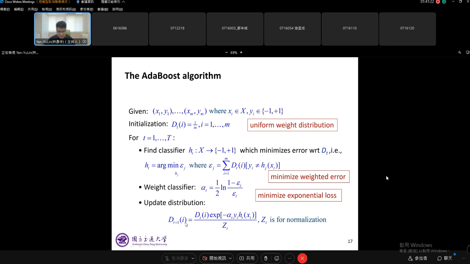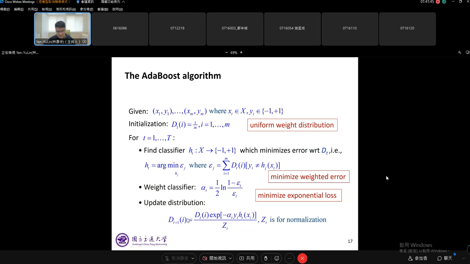Actually, this value depends on its original value in this iteration. The exponential term here is used to implement the idea: if a data point is misclassified, we need to increase its weight. Otherwise, we can slightly decrease its weight.